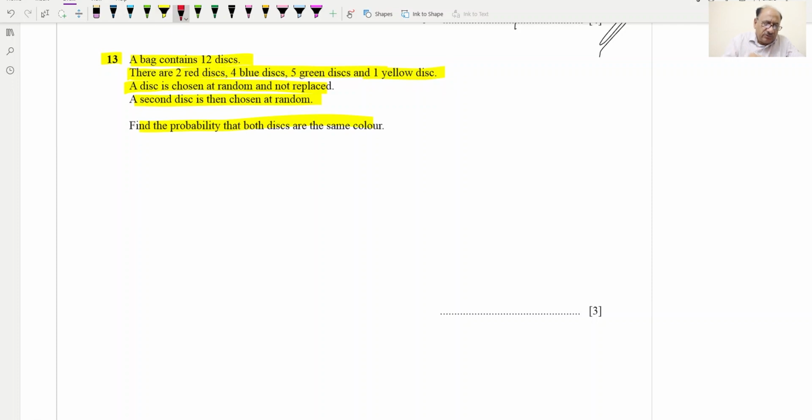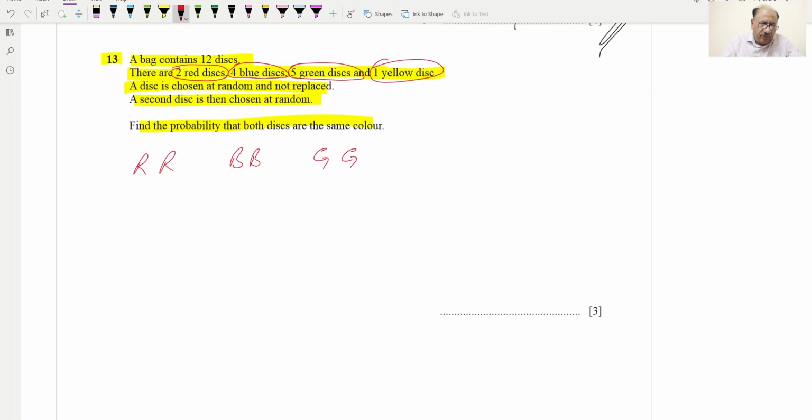So what are the possibilities for the same color? There are 2 red, so we can get red and red, and there are 4 blue, so we can take blue and blue, and then green, also 5, so we can take green and green, but yellow is only 1, so we can't take yellow and yellow because there's only 1 yellow. So these are the possibilities which we can get.